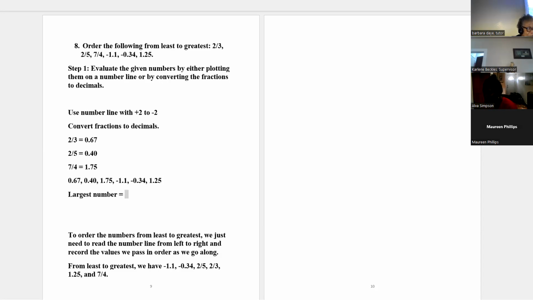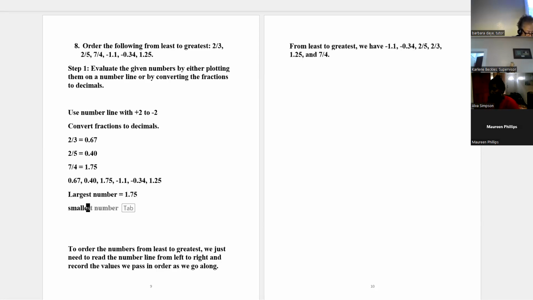Largest is 1.25. You're throwing away the 1.75? Isn't that bigger than 1.25? Oh yeah. 1.75. Okay.